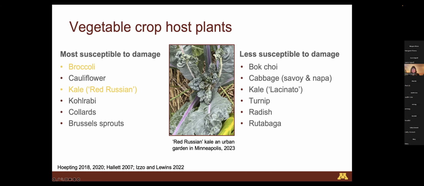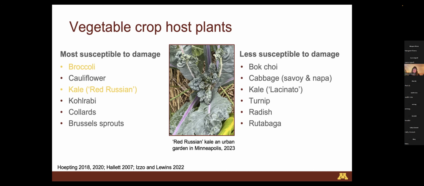I'll also mention, the harvestable plant part plays a role too. If we're thinking broccoli and cauliflower, these head-forming vegetables, a single larva, or just one egg that hatches into one larva, is enough to destroy that head.